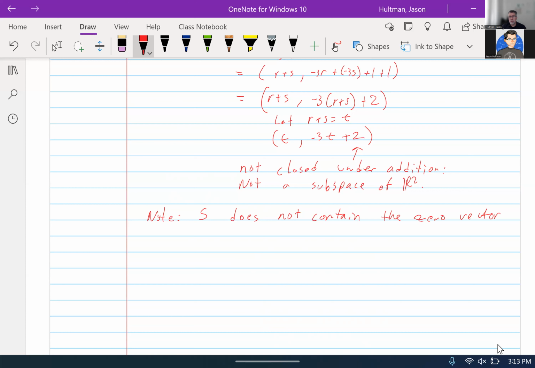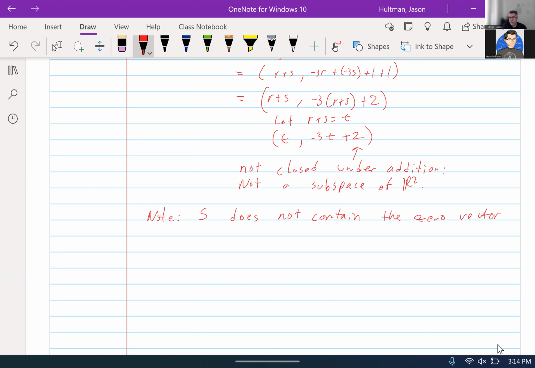Now, if your subspace contains a 0 vector, does that mean that it's a subspace? No. It just means that it could possibly be a vector space. We still have to check closed under addition and closed under multiplication. However, the converse is true. If it doesn't contain a 0 vector, then there's no way it's going to be a vector space.